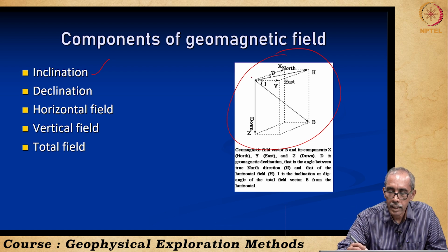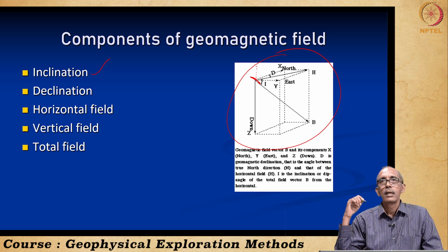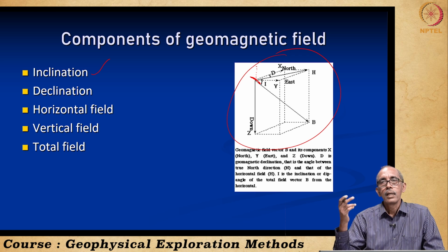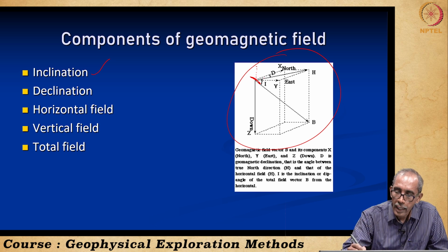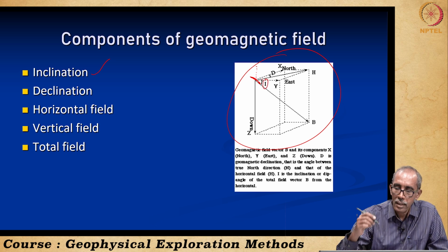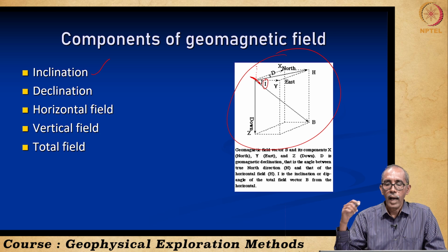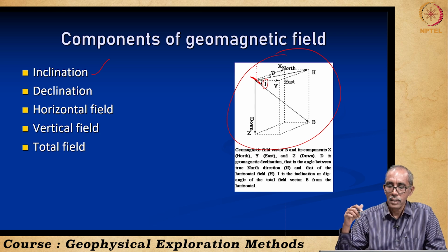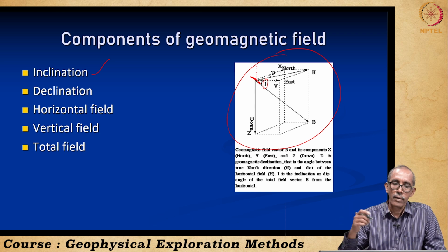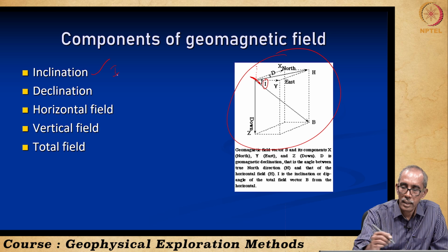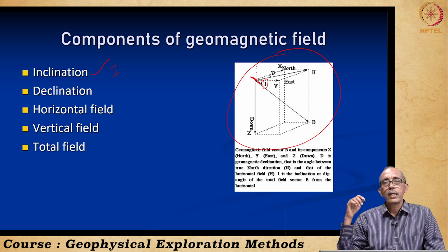Imagine this is the needle. Depending upon where you are, the needle will point downwards or upwards. That angle is known as I, which is known as inclination.